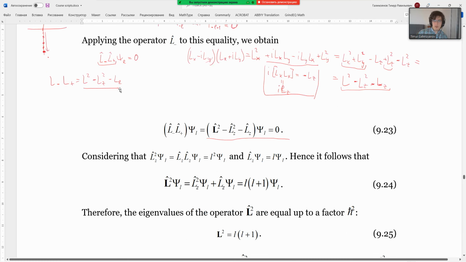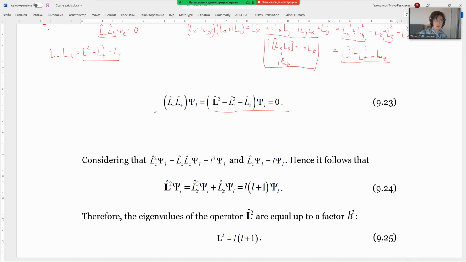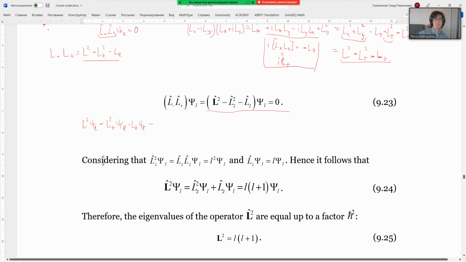So let's simplify this equation. Here we will expand it: L squared psi L minus Lz squared psi L minus Lz psi L equals 0. We know that psi L is an eigenfunction of Lz.